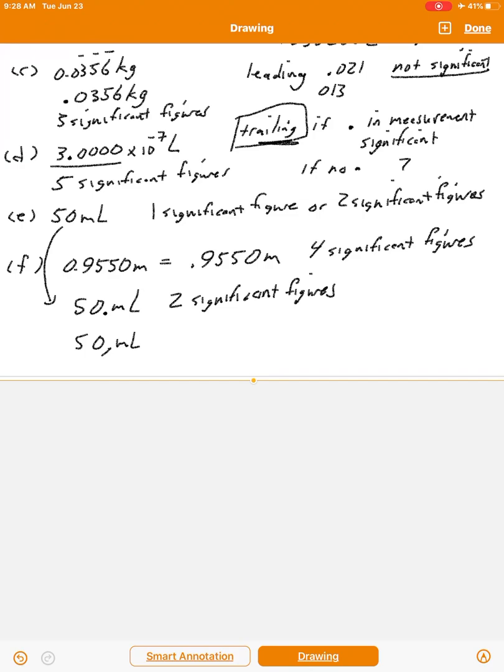You move it 1 position to the left, and then you write it times 10 to the minus 1. So now it's 5 point, that's 1 significant figure, times 10 to the minus 1. And that's called scientific notation. That's a way to represent it with 1 sig fig.